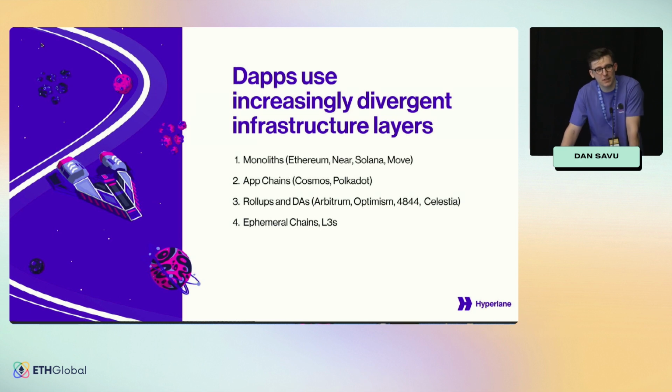Some opt for going the app chain route, like Cosmos and Polkadot. Those who want to have control over block production, maybe they want to tweak consensus parameters or transaction inclusion priority. But that still requires you to learn a new smart contract paradigm. If you want to stay within the Ethereum realm in the EVM and use Solidity, you might build your dApp as a rollup.